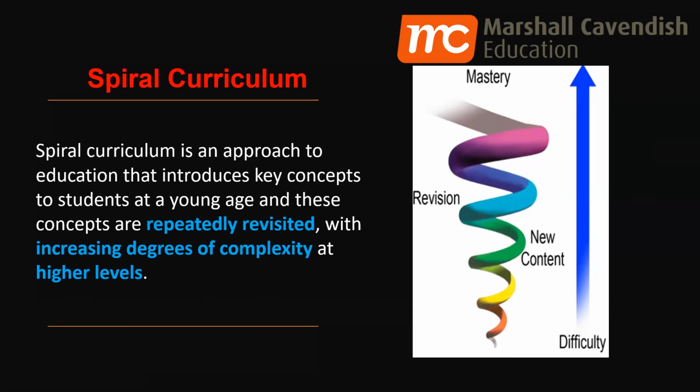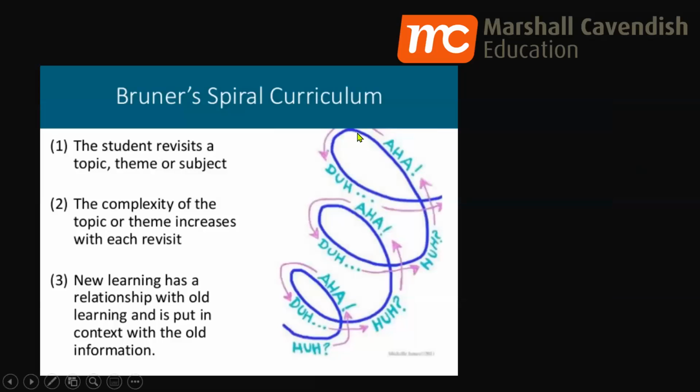Now, what does that mean? Okay, so this is a simpler explanation of the diagram earlier. So it starts with a very simple, so look at point 1. It starts with a very simple theme or a simple topic or a simple concept.